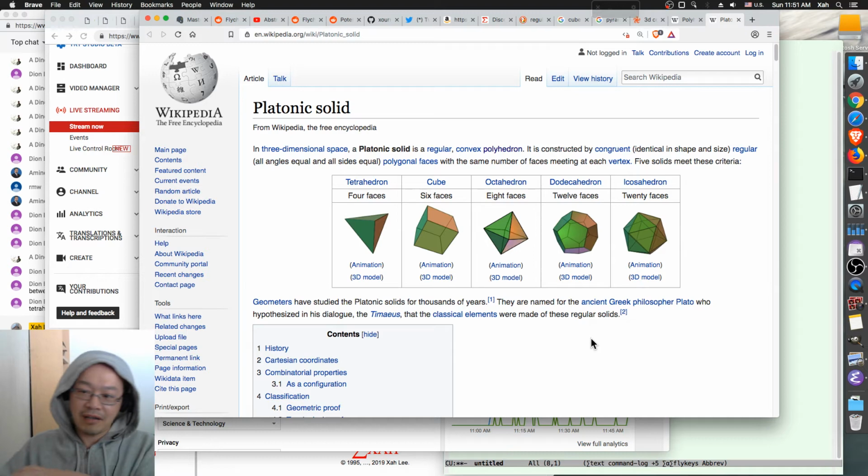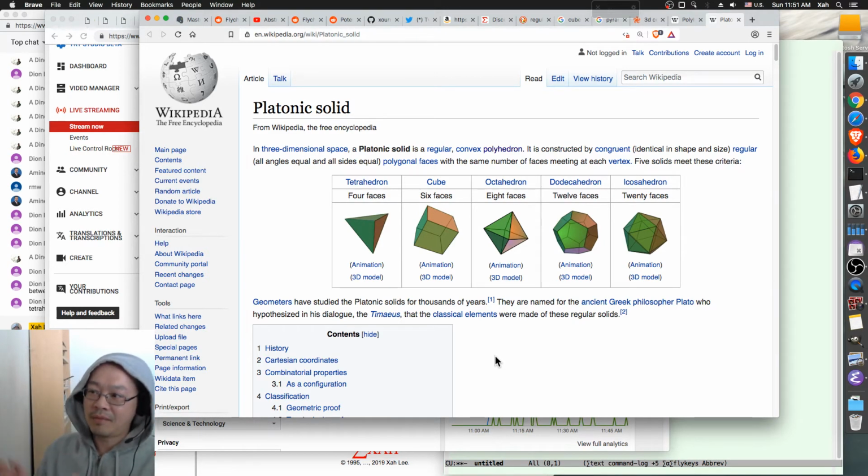But anyway, there are many groups. So what I'm saying is that each one of these symmetries, remember, not the object, not the cube, octahedron, dodecahedron, and so on, but the symmetry of the object, each one of them is a group. So there is a group called the cube symmetry group.